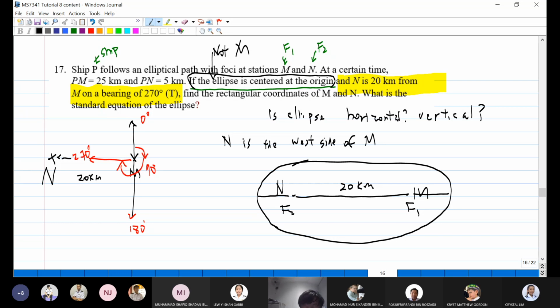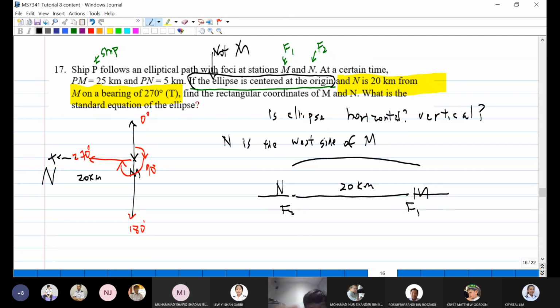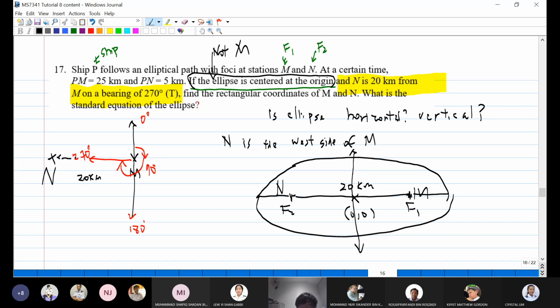The center of the ellipse is not M. The F1, F2, the center is somewhere here, the origin. The center is at the origin of the ellipse, not M. M is not at the center. So you get this picture correct first. So you get this horizontal ellipse here. So this is X and Y.